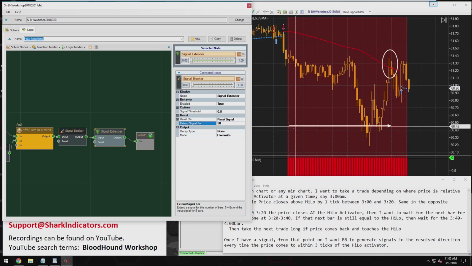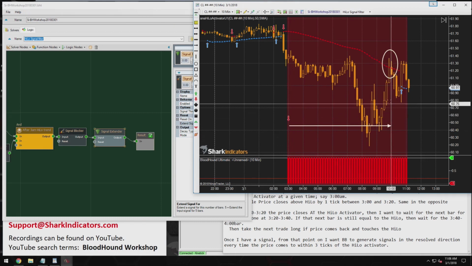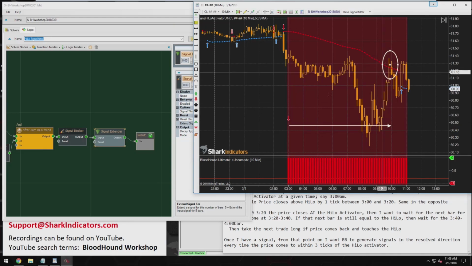But if we look here, I took the 3 a.m. trend direction bar, and I extended that trend direction forward in time, waiting for a price to touch our indicator here.